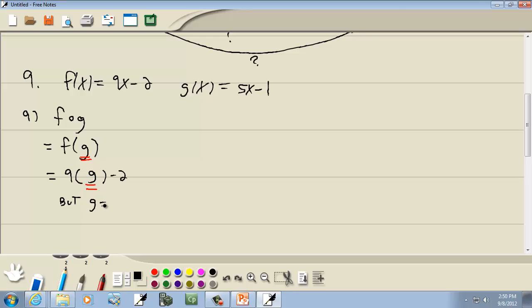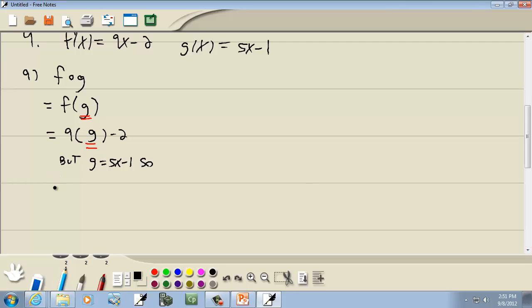But g is equal to 5x minus 1. So this becomes 9 times (5x minus 1) minus 2. We replace the g with 5x minus 1. And then simplify. 9 times 5 is 45x. 9 times negative 1 is negative 9, minus 2, which gives us 45x minus 11.